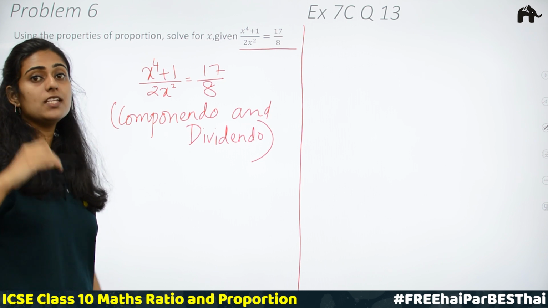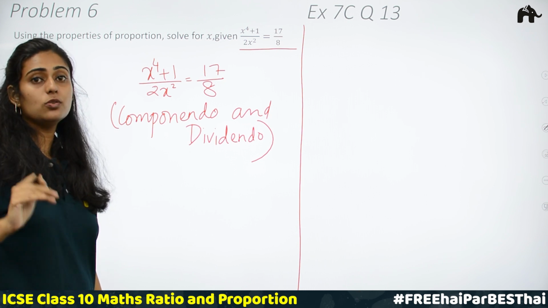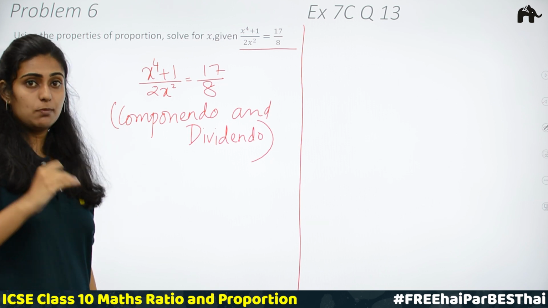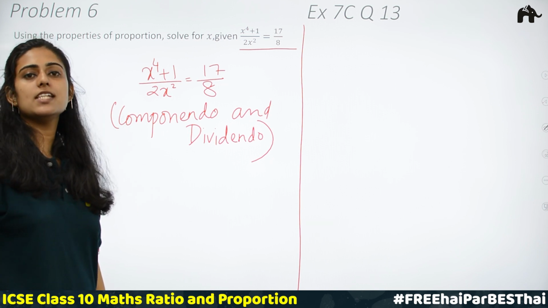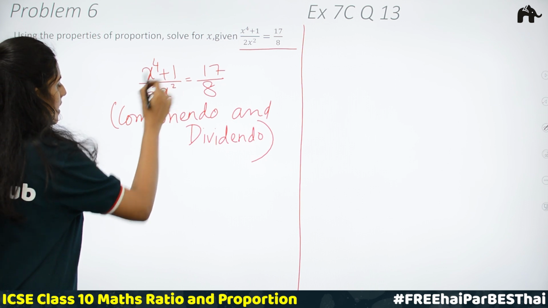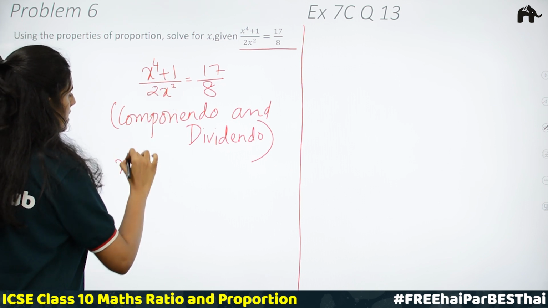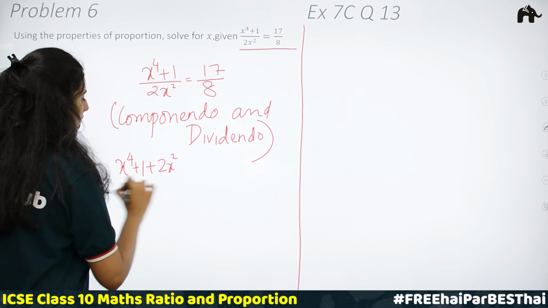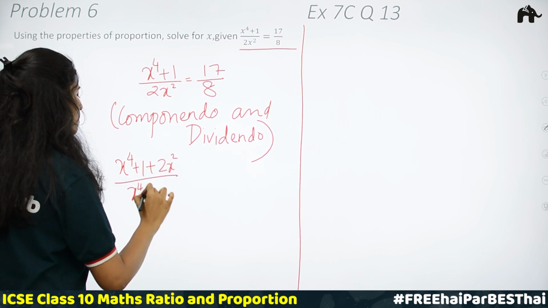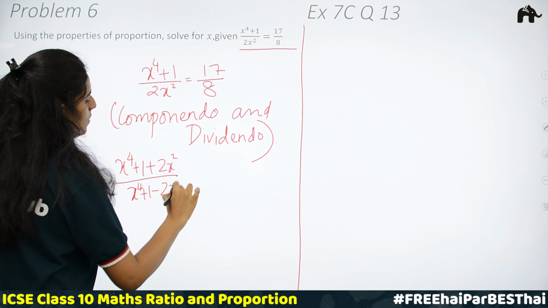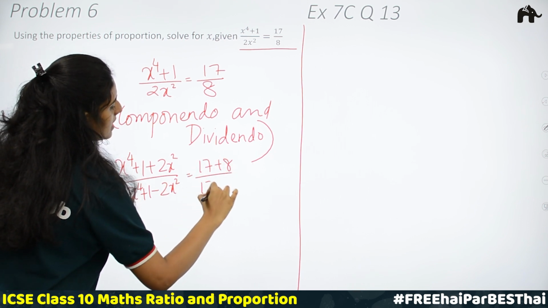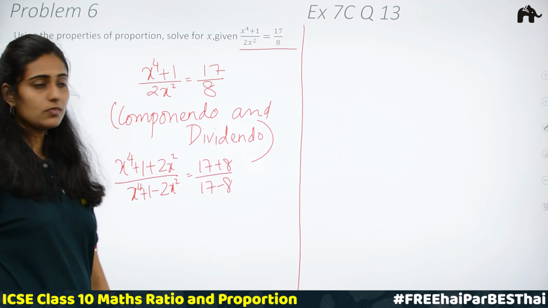If a by b is equal to c by d, then according to the componendo and dividendo property, a plus b divided by a minus b is equal to c plus d divided by c minus d. Here, it becomes x raised to 4 plus 1 plus 2x square divided by x raised to 4 plus 1 minus 2x square is equal to 17 plus 8 divided by 17 minus 8. Okay.